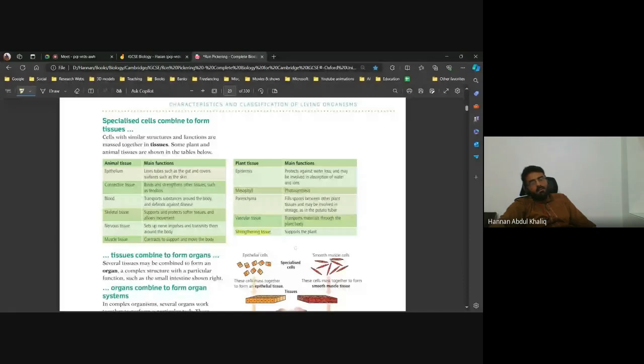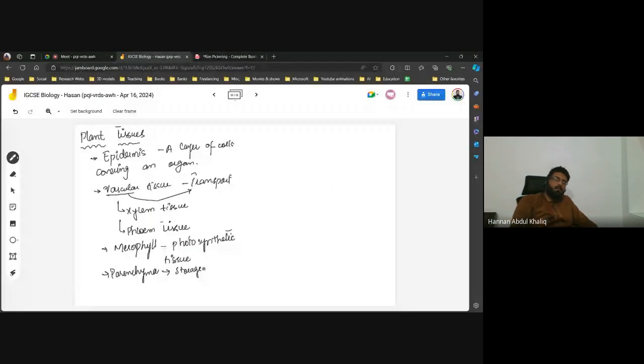And the other one, parenchyma tissue, is a tissue that performs storage or other functions. So overall, you can conclude that plants also possess many tissues.